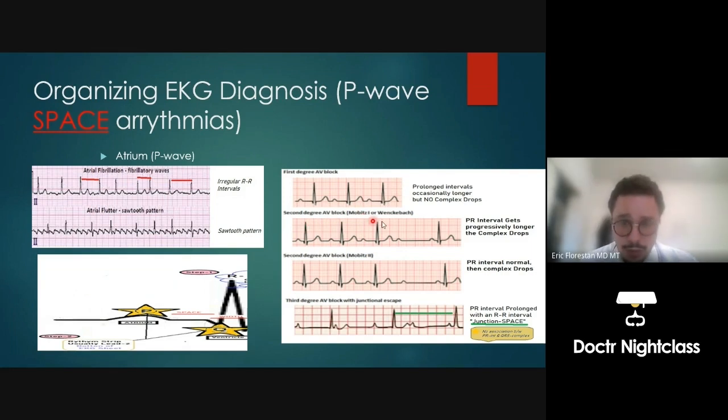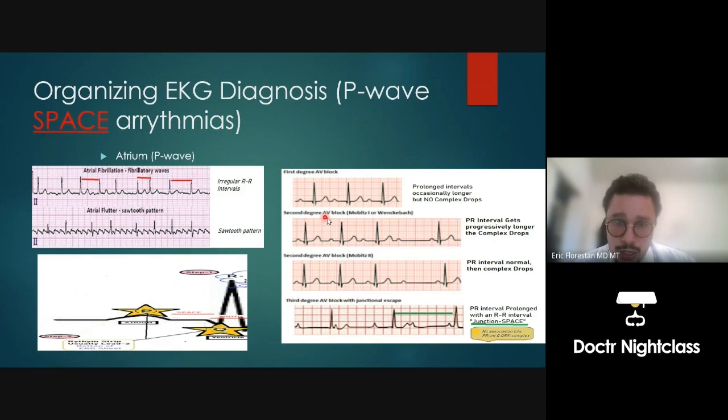Second degree AV block. So basically you have these intervals, they call them PR intervals, but still it's the atrium, so we're talking the P wave. Not a big deal. Let's look at these distances. From the P to the QRS complex, this distance looks short. Go to the next one. The distance looks long. The distance looks even longer. Eventually, there's a drop of the QRS complex.